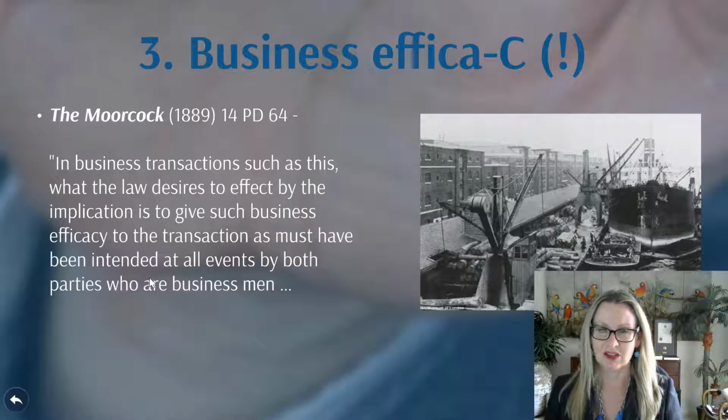Highly recommend you read the article if you can manage to find time to do so. It's on Moodle. But in that case, it was said that in business transactions such as this, what the law desires to give effect to by the implication is to give such business efficacy to the transaction as must have been intended at all events by both parties who are businessmen.